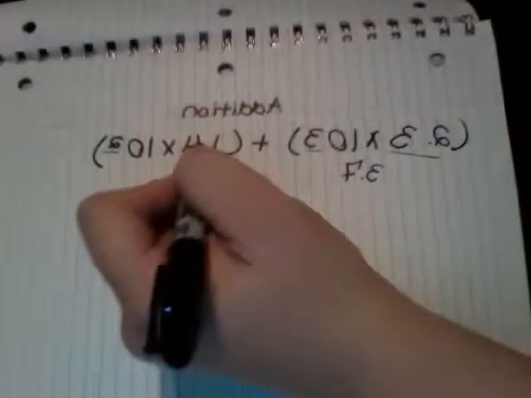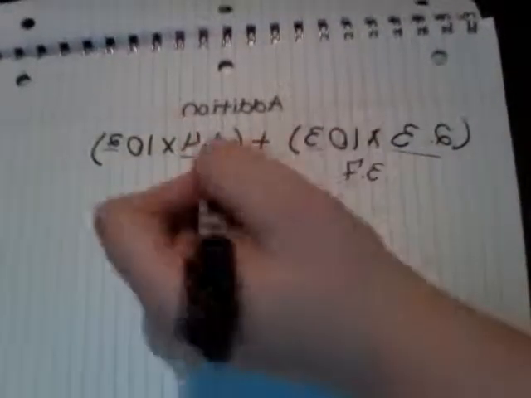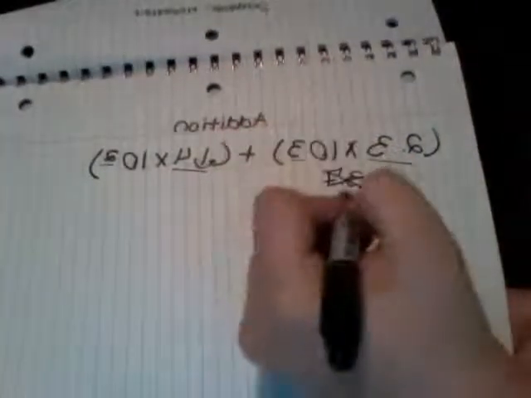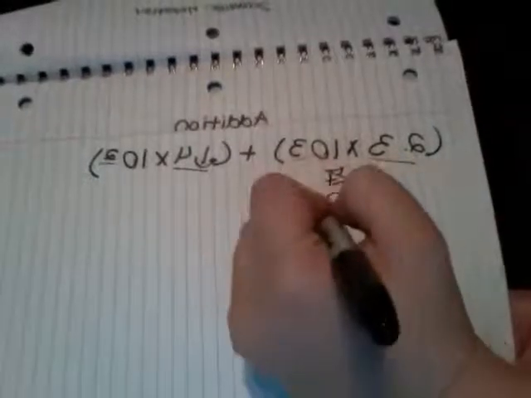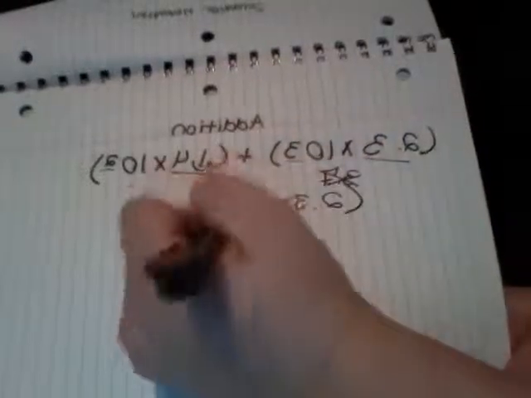To do that, you must move this decimal over here, and you must change this number to make this number. Okay, so don't even worry about that. That was just a little mistake that you should have seen. So you get 2.3 times 10 to the third, which is the same.